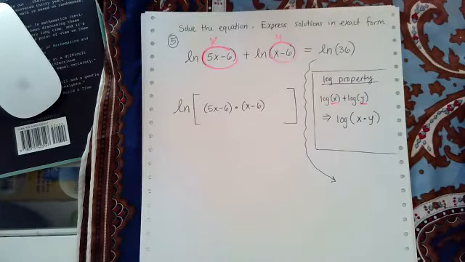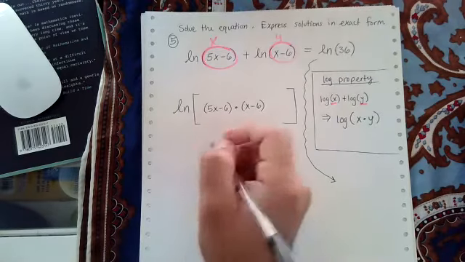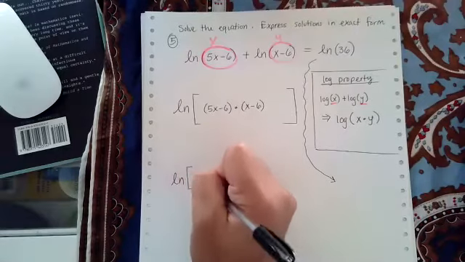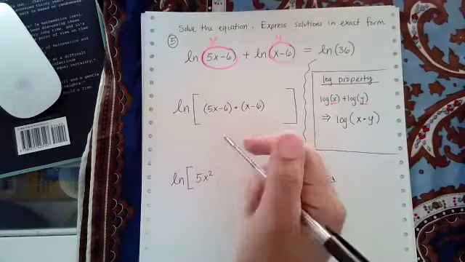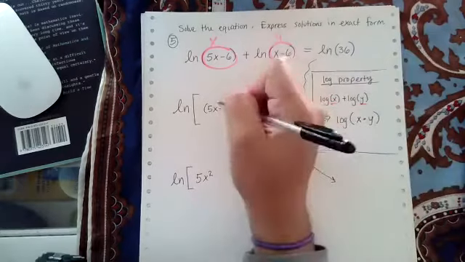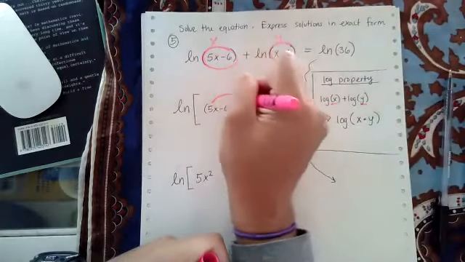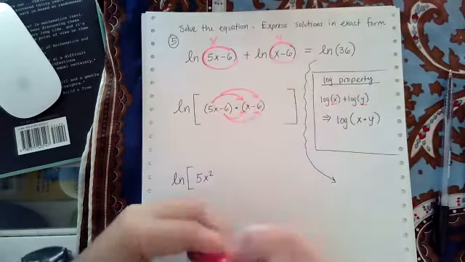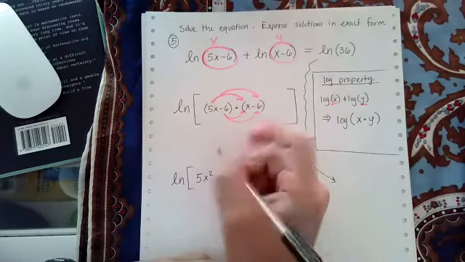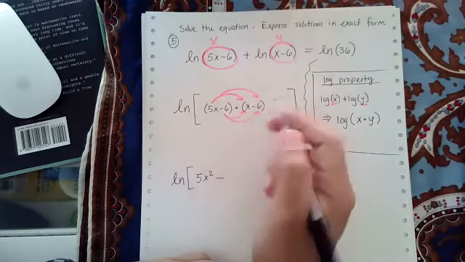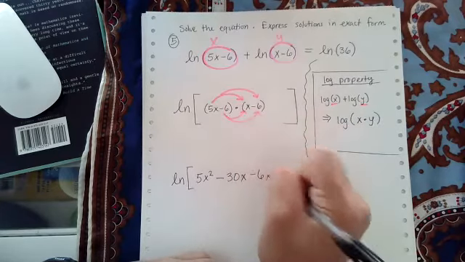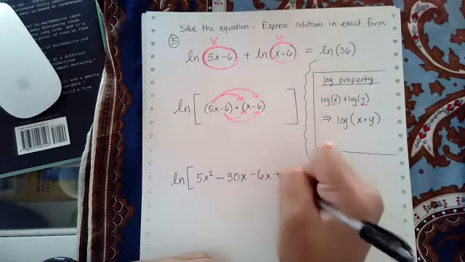Or maybe, Brooks, is that what you were getting at? Yeah, so it'd be 5x squared. So we would have ln of 5x squared. Let me go ahead and write this down. We're going to throw these arrows because when we multiply polynomials, we distribute them out. So 5x squared, minus 5x times negative 6 would be 30x, then another negative 6x, then a positive 36.